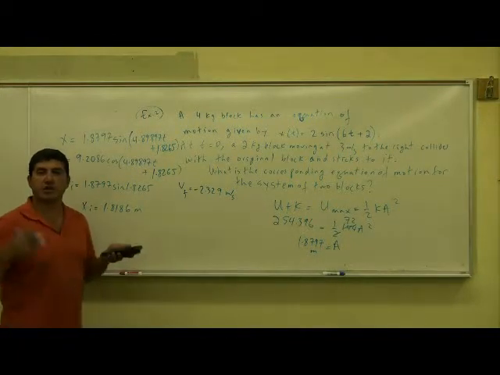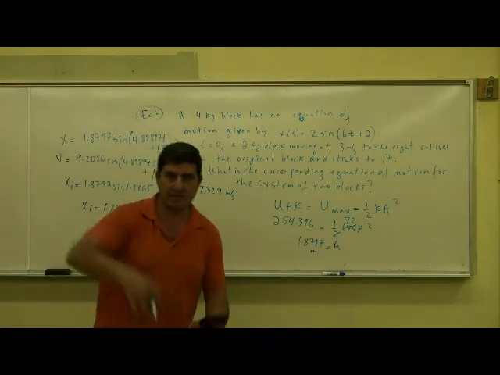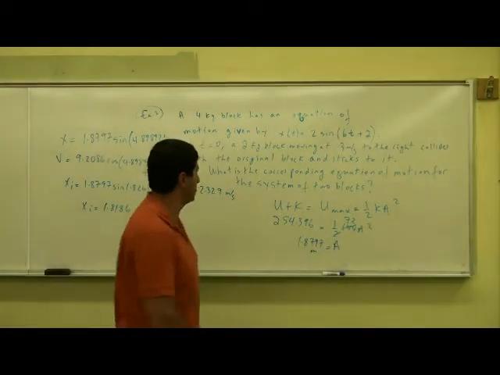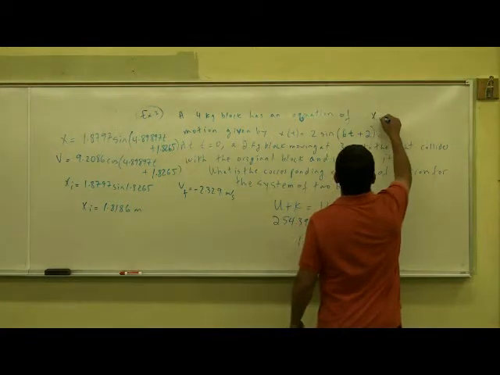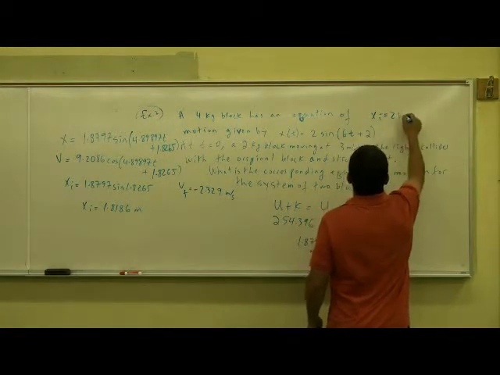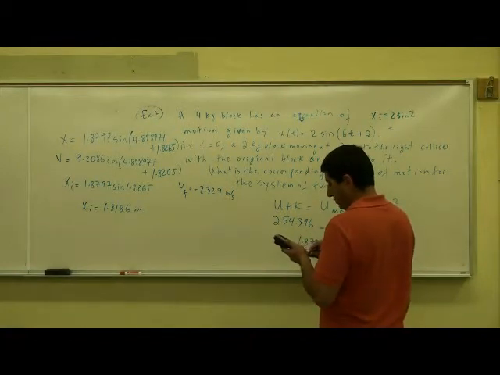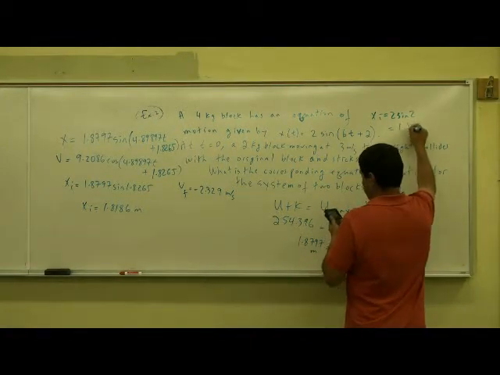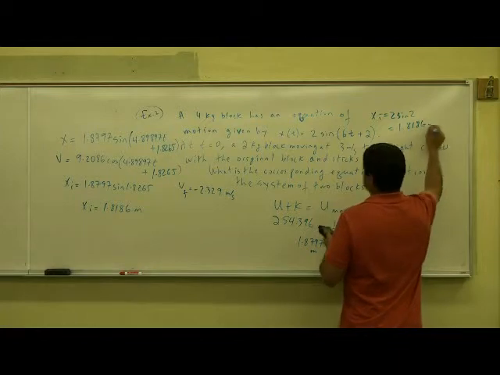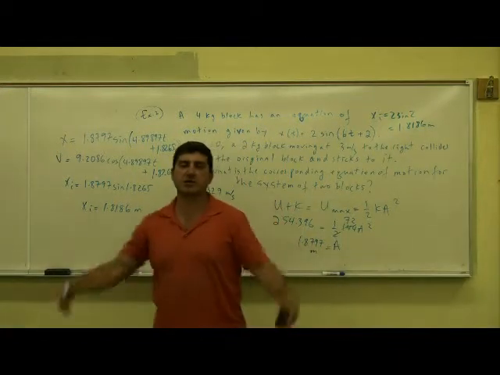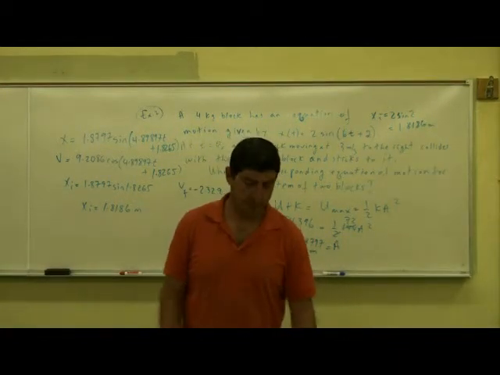That should equal the initial position of the block when the other block hit it, because it didn't bump it. What was my initial position of the block? 2 sine of 2, which is 1.8186 meters, so it's the same.